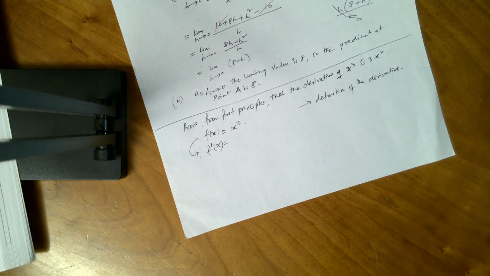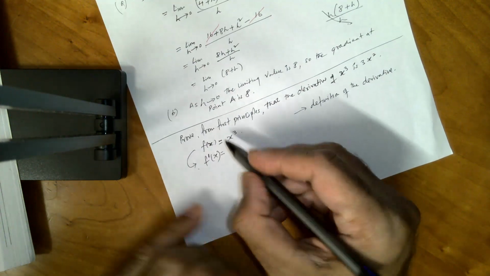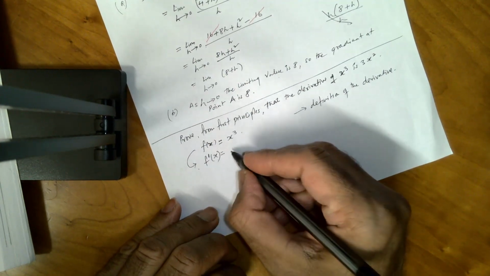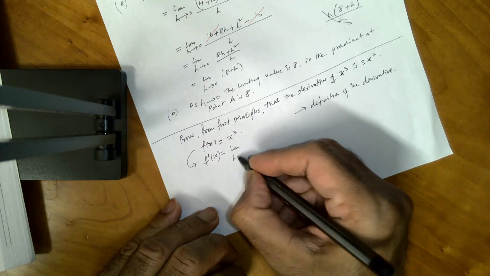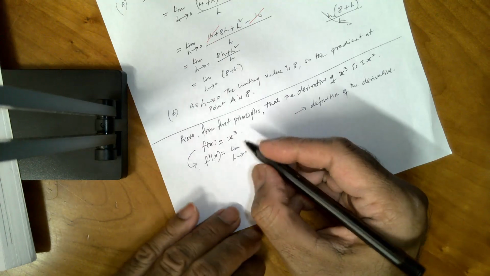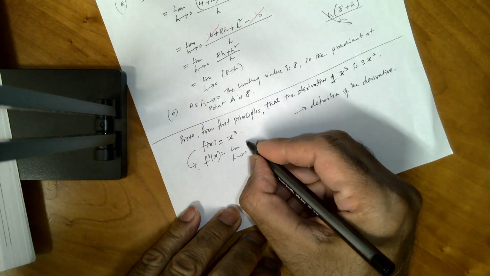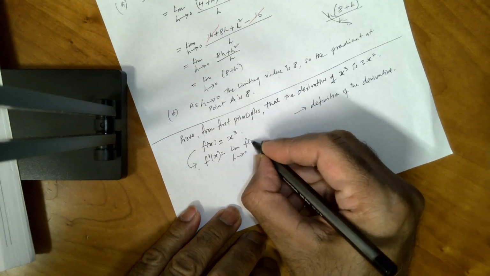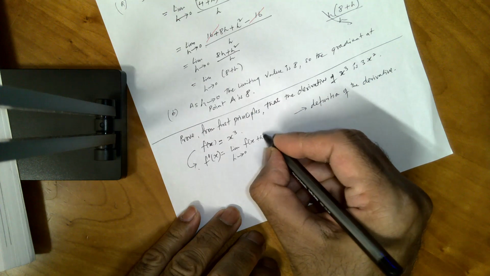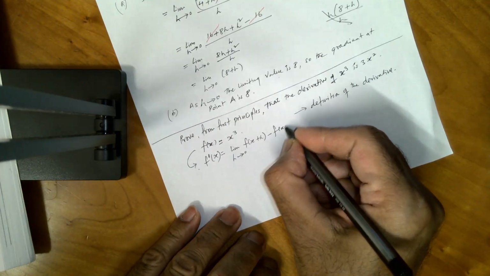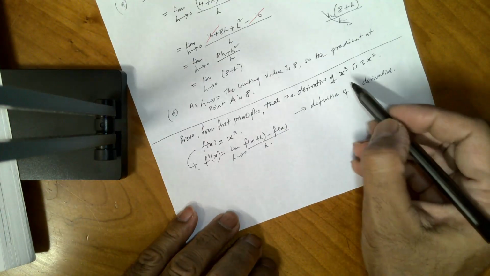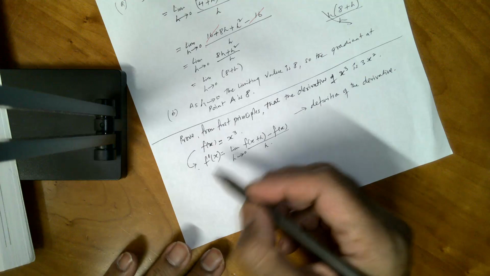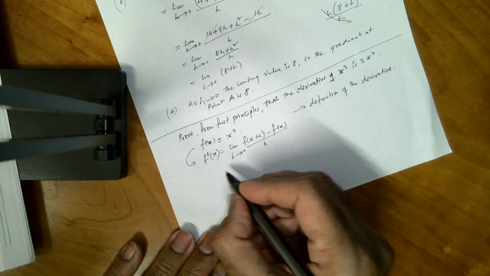So the first derivative here is the limit as h tends to 0 of f(x+h) minus f(x), and then that's divided by h. Okay, now what is that here? x cube. Yeah, okay, so then you got it, what we have to do.